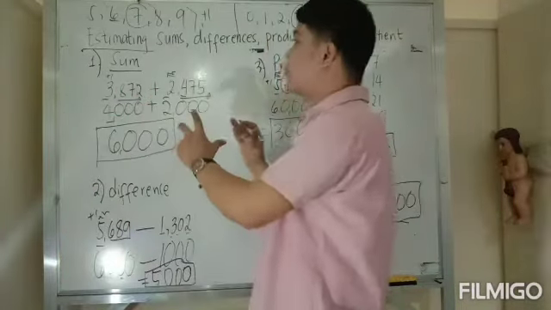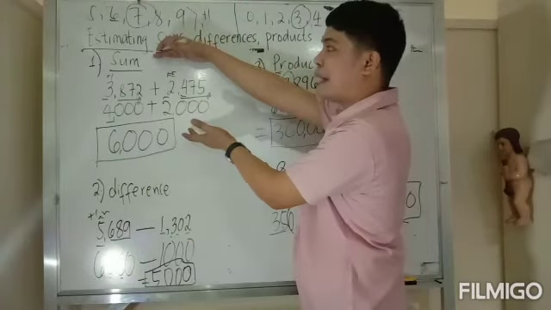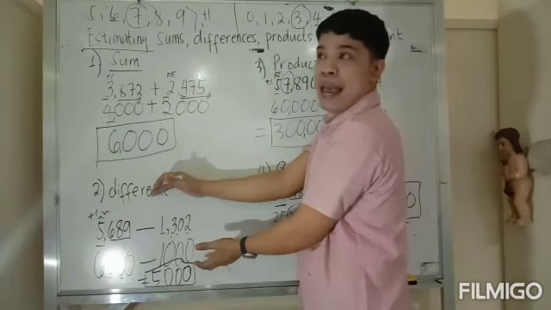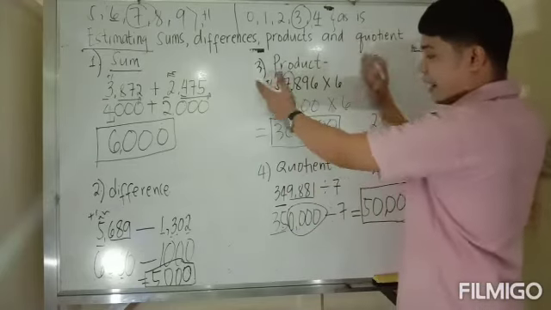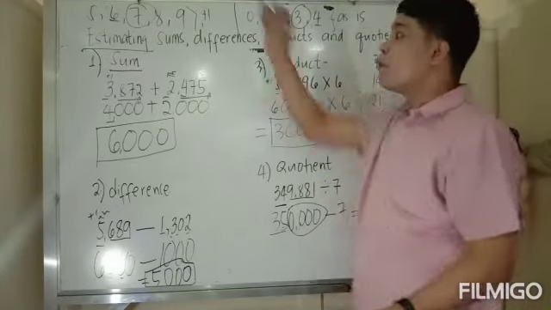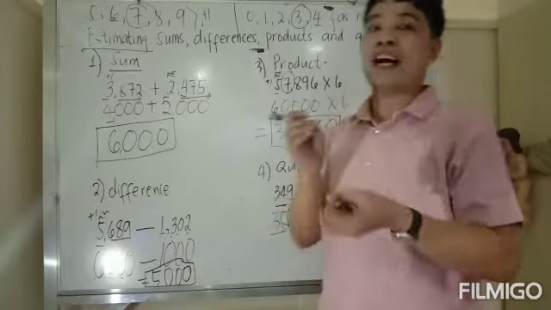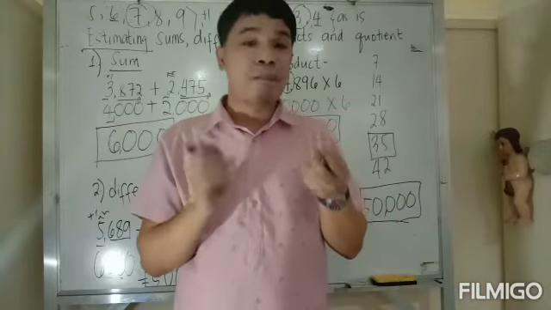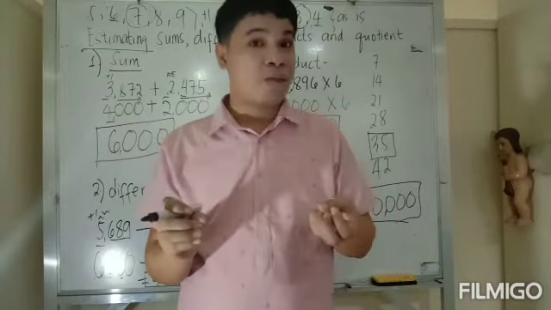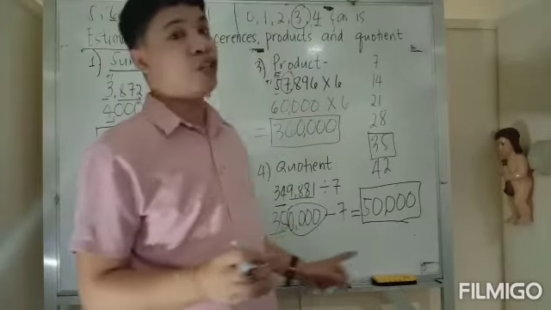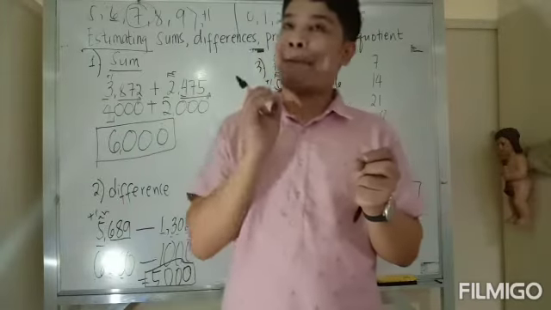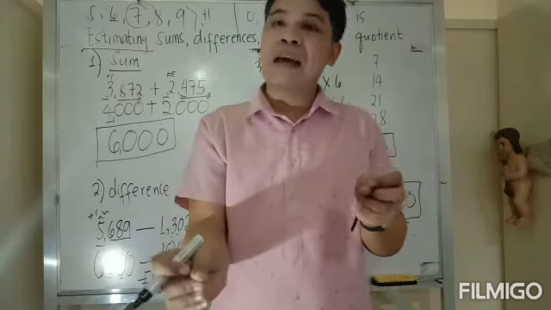I hope that you learn now how to find the estimated sum, estimated difference, and product, and especially the quotients. Again, for the sum, difference, and product, we are going to estimate the numbers to their highest place value. And for the quotient, you're going to find the closest multiple of its divisor.